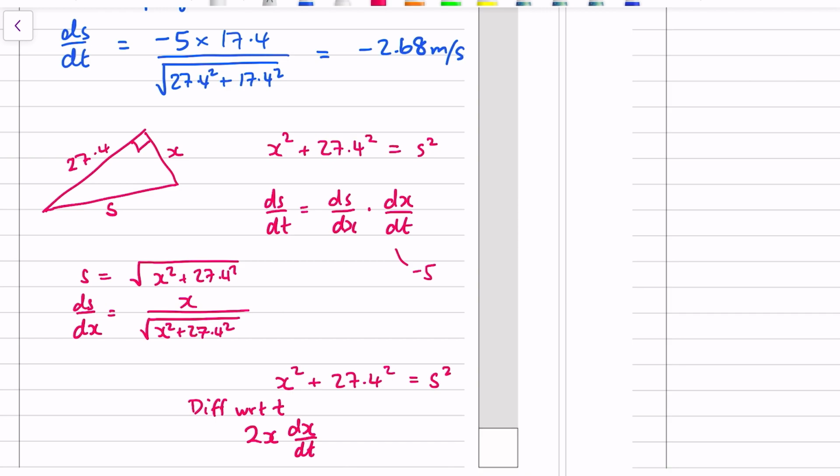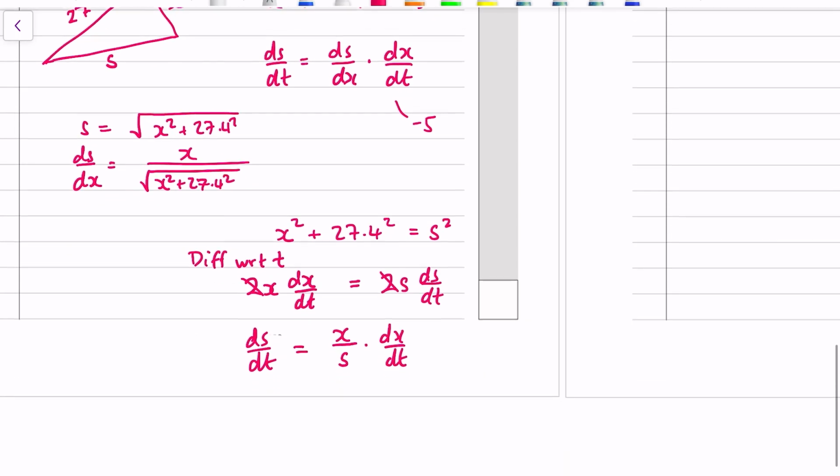The second term will disappear because it's a constant. And the term on the right-hand side of the equation will be 2s ds dt. Remember that we want ds dt, so we can divide those 2's out, and we can go ds dt is equal to x divided by s times dx dt.